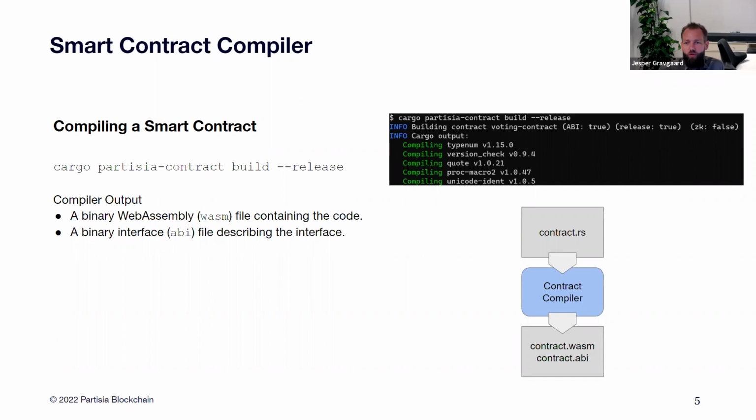You will have those two files after running the compiler, unless there's some sort of compile error that you'll have to fix, which you'll see on the screen. Those two files are all you need to actually put the contract on the blockchain.